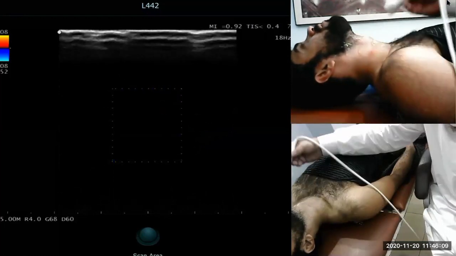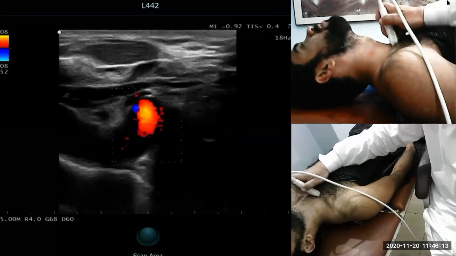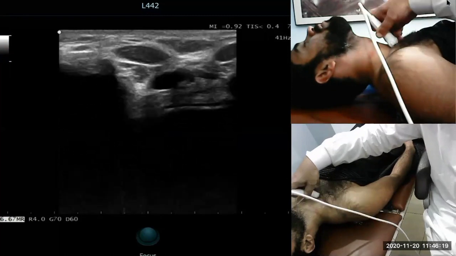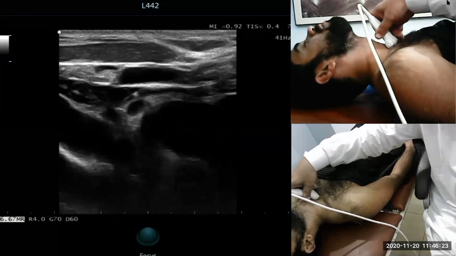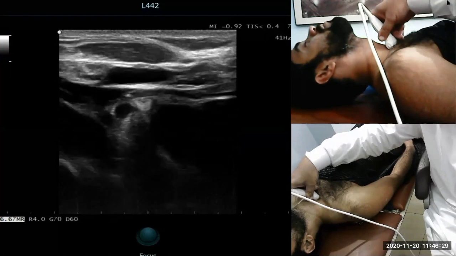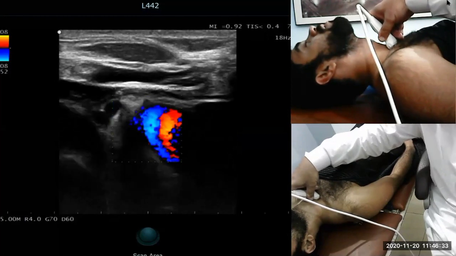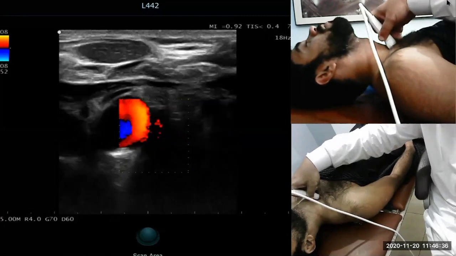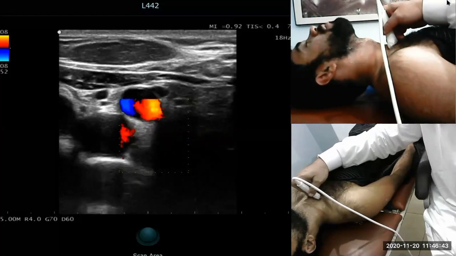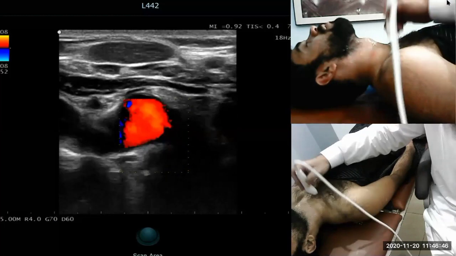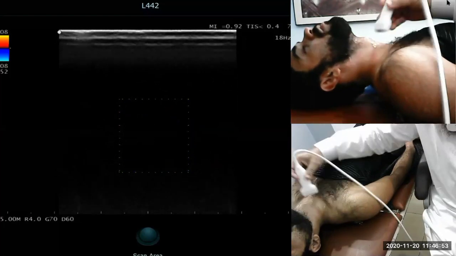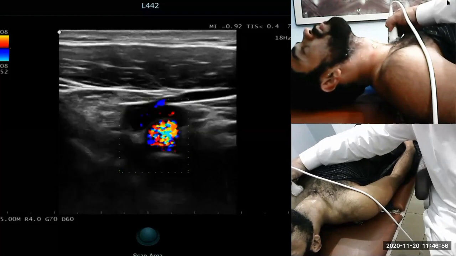We will go to the suprasternal notch and can see the branches coming from the arch of aorta and similarly from this side we will see the left subclavian.